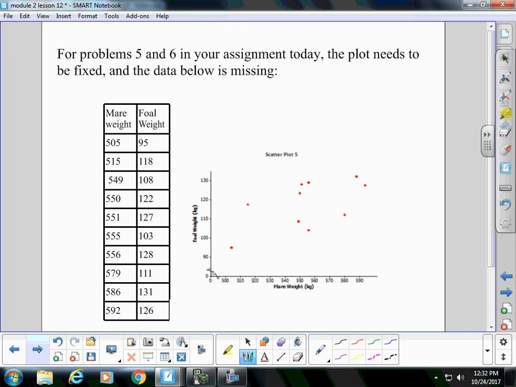First of all, the graph is really hard to read, especially on the y-axis, so you're going to have to make this fit. And then the table is missing. So when you get your assignment today, you're going to have to fix this particular problem up. It's for problems 5 and 6 in your assignment. And that is it for today's lesson.